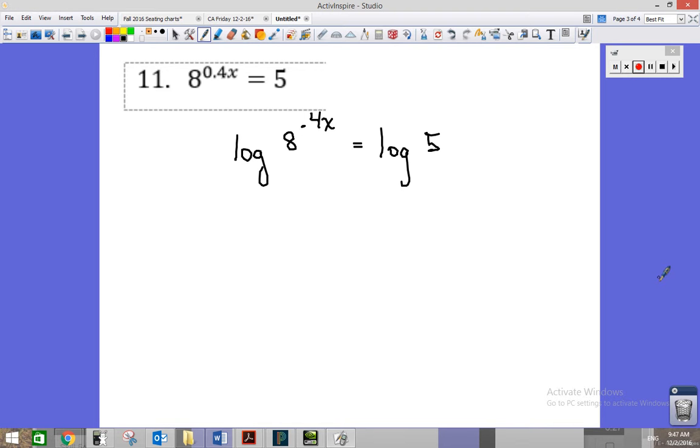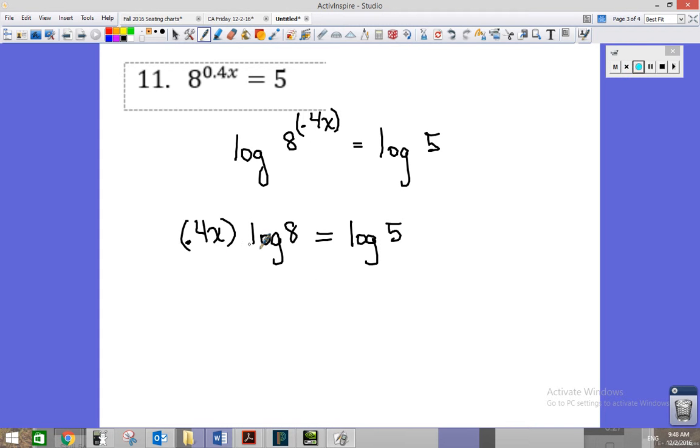Alright, so if I take the log of each side, what does that do for me? Well, like I say, because of the power rule, now I can take this 0.4x and move it down as a coefficient. So I've got 0.4x that's being multiplied by this common log of 8, and that's equal to this common log of 5.